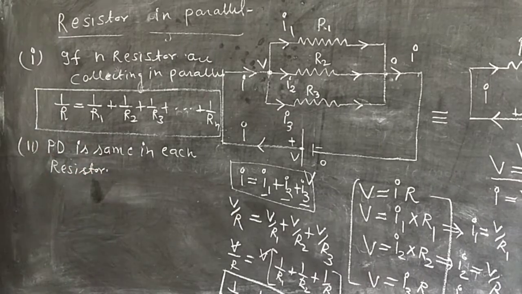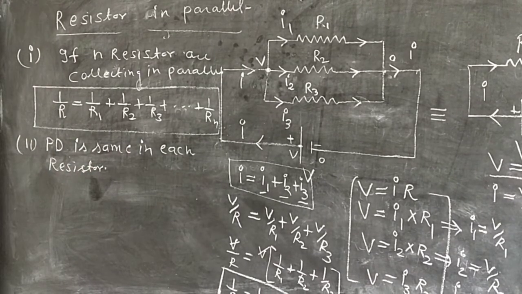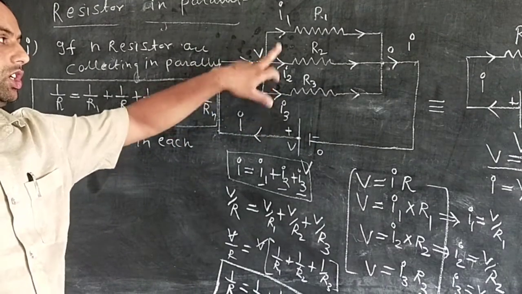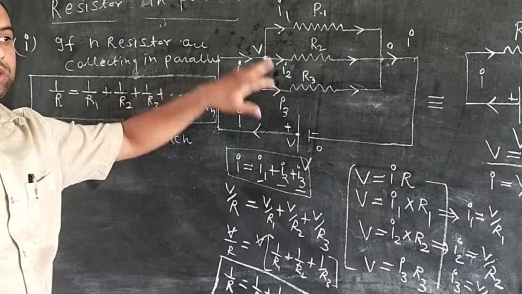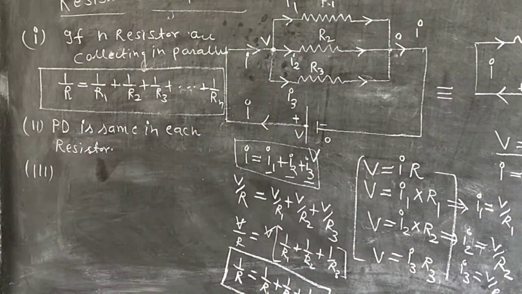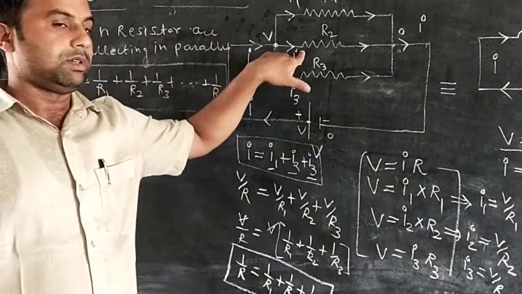This is the important condition. If the resistors are connected in parallel, then the potential drop will be the same across each resistor.